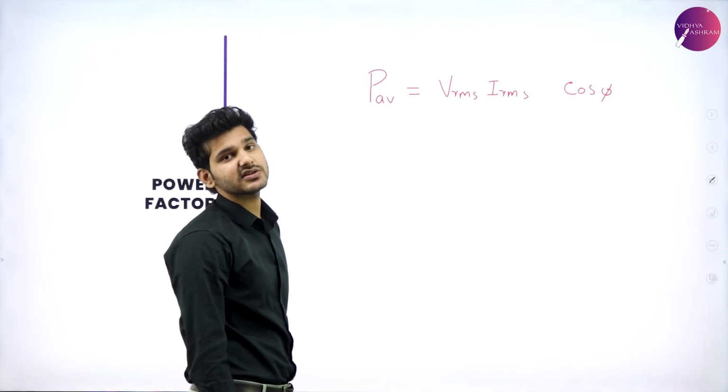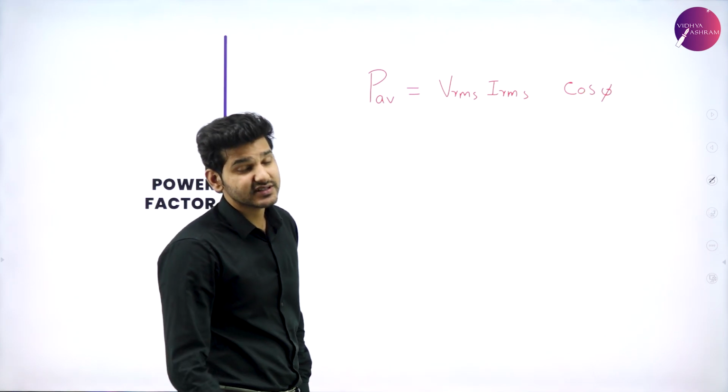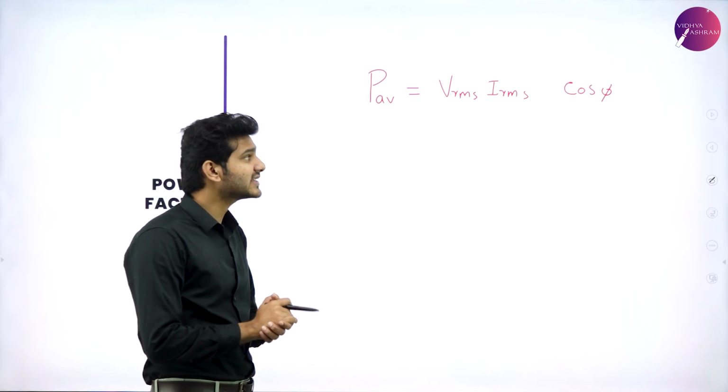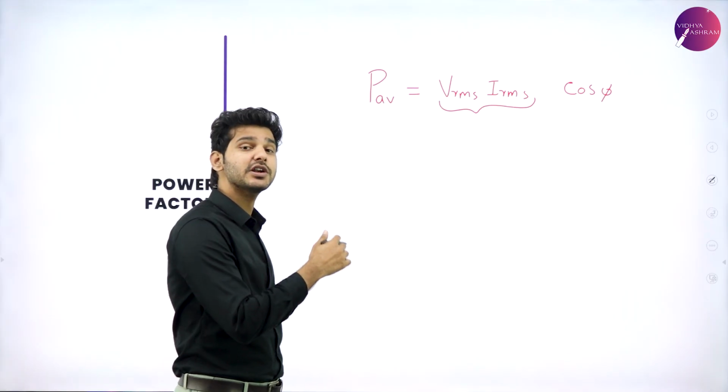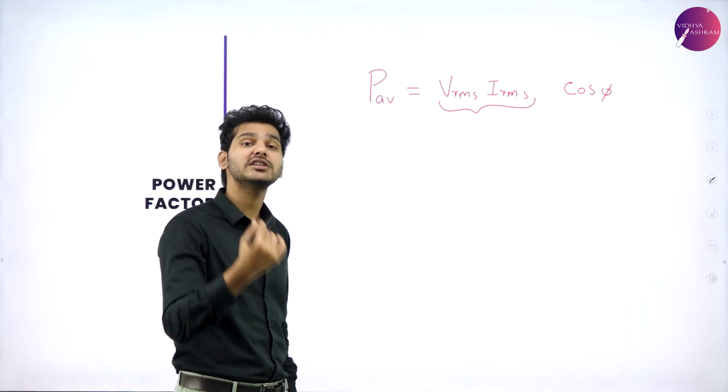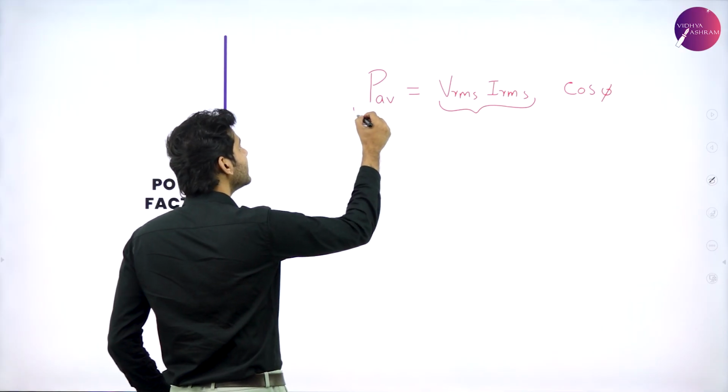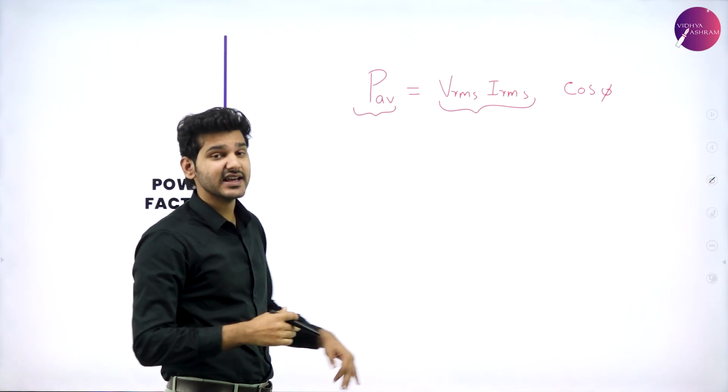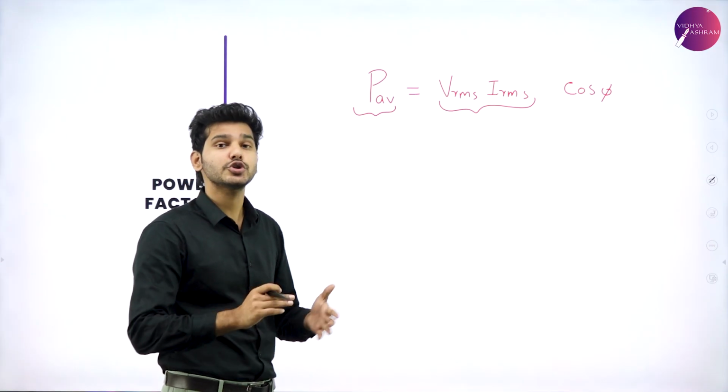This is the equation for average power produced in a series LCR circuit. This particular power is also known as apparent power, and the net output we get is known as true power.